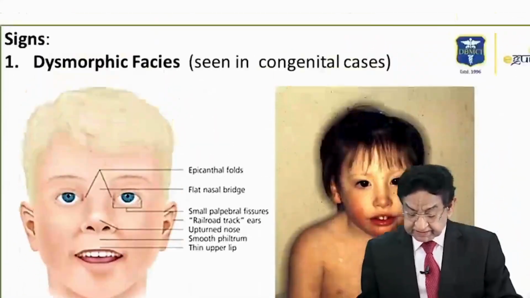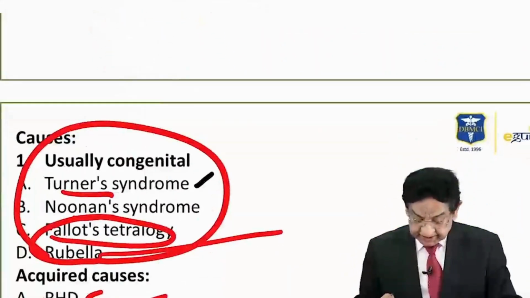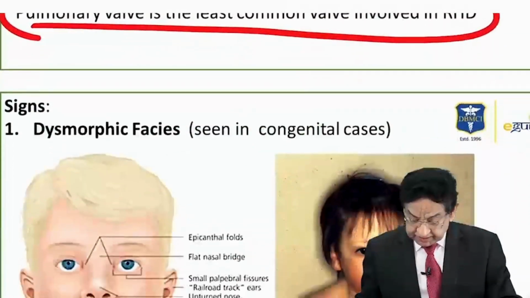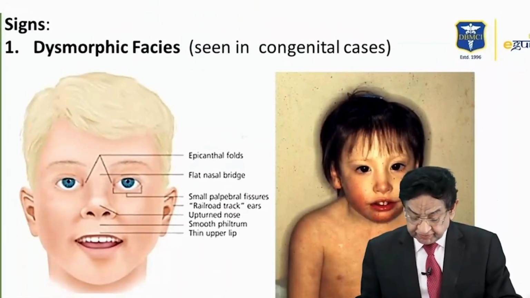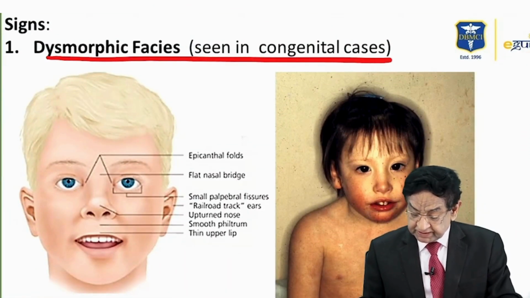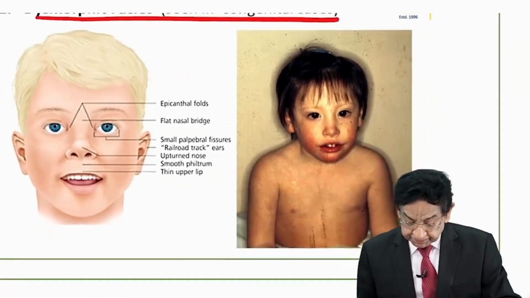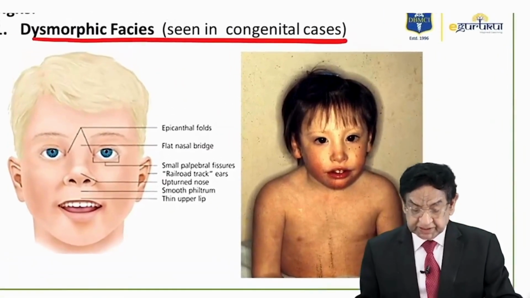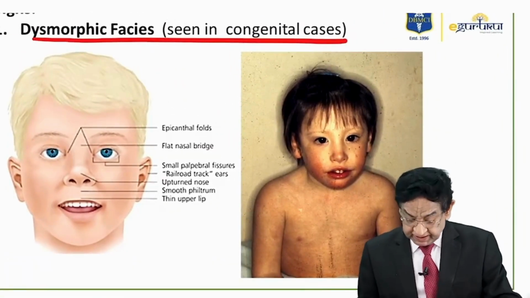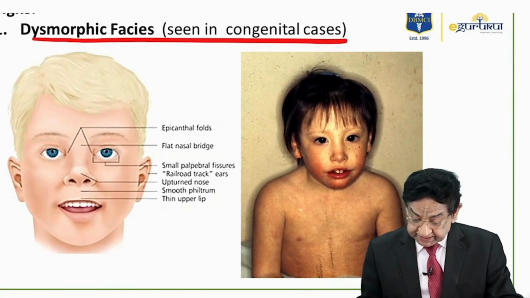Now signs, especially in the congenital variety. In the congenital variety, classically we get dysmorphic faces. But this is seen only in the congenital variety. So let me explain what you mean by dysmorphic faces. You can see epicanthal fold.